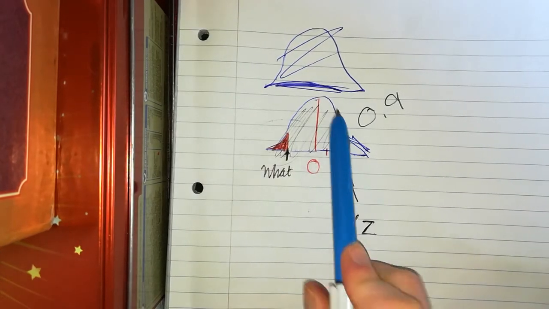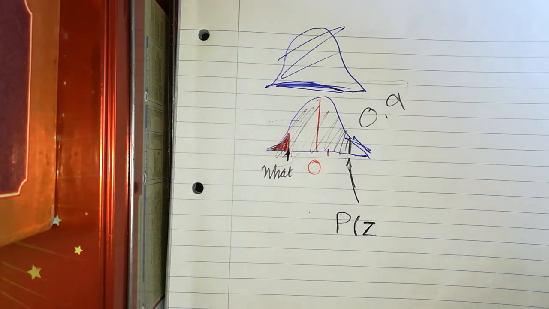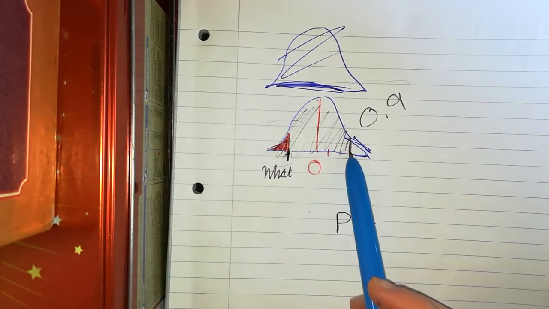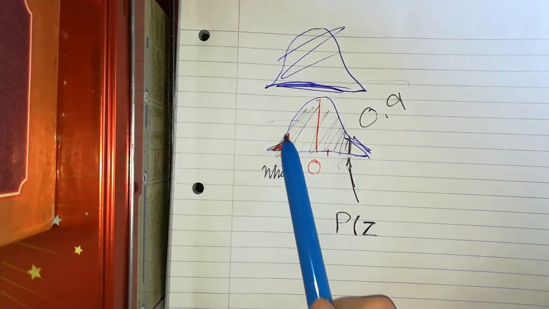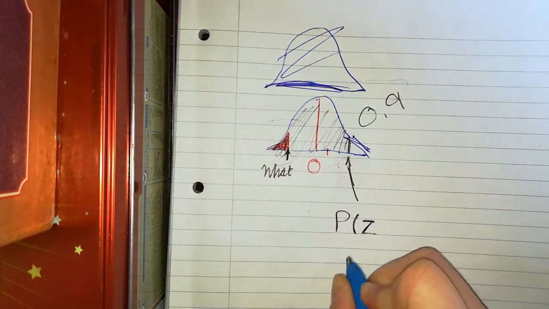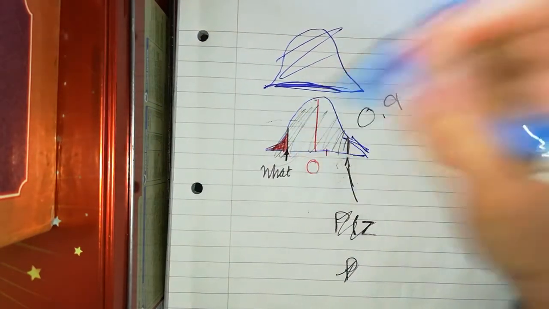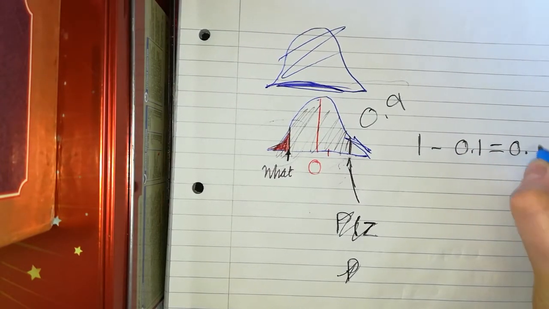So 0.9 will be the probability I'm looking up for the z value, because 0.9 is everything less than. It's just because 1 take away 0.1 is equal to 0.9.